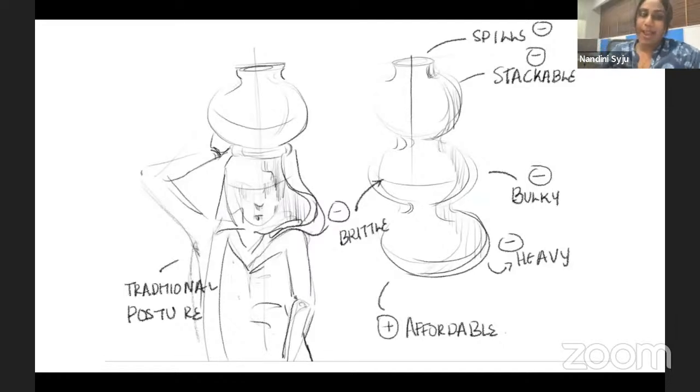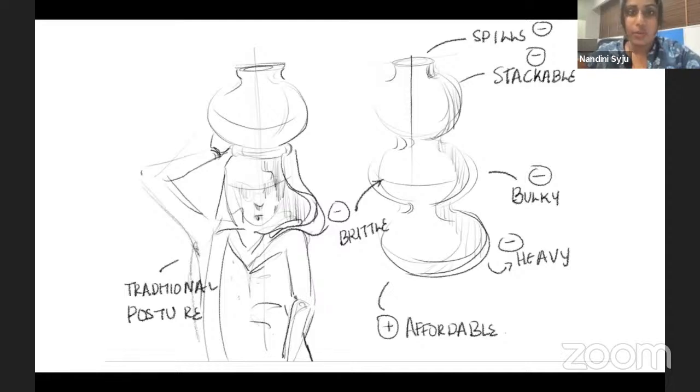We'll have to go back to the user and understand the typical rural woman. If you have seen any of these women carrying their earthen pots, they have a very traditional posture. One interesting thing about them is that their spine is always straight, which means they have learned over time that this is how you avoid illnesses, and this is how you can endure this for a long time.